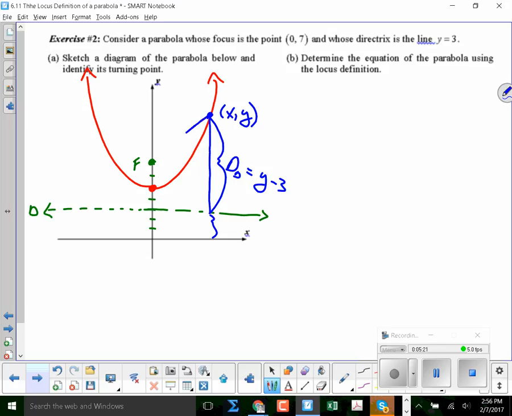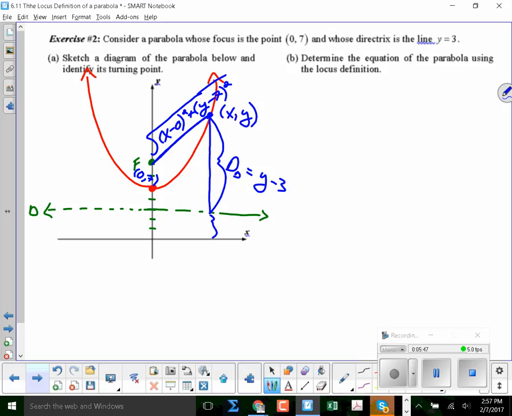Now the distance from the focus. Let's get that distance. Well, the focus I know is at 0, 7. And we're going to use this as the other point in the distance formula. So it's going to be the square root of x minus 0 squared plus y minus 7 squared. Cool?